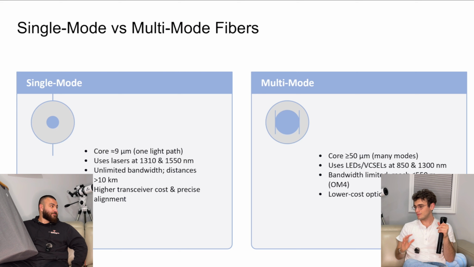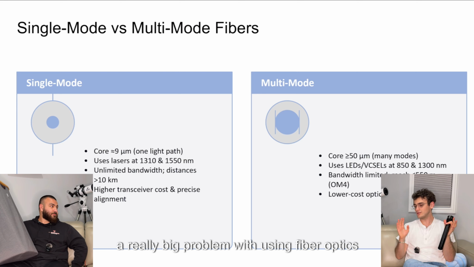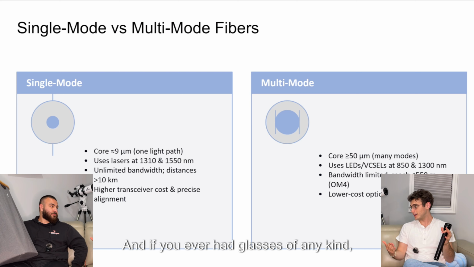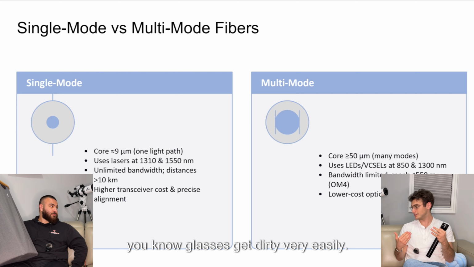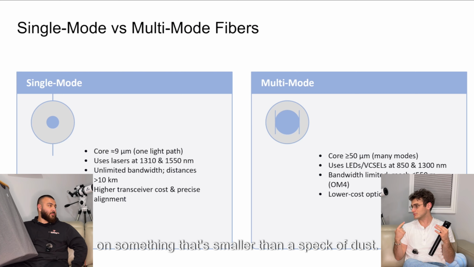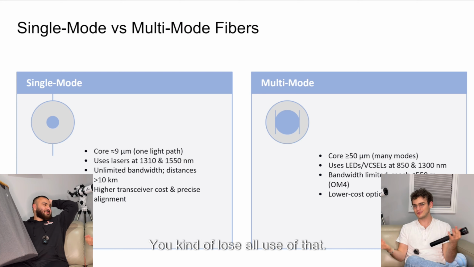And a really big problem with using fiber optics is that it's just a strand of glass still. And if you've ever had glasses of any kind, you know glasses get dirty very easily. If you have even a speck of dust, or something smaller than a speck of dust, you lose all use of that.